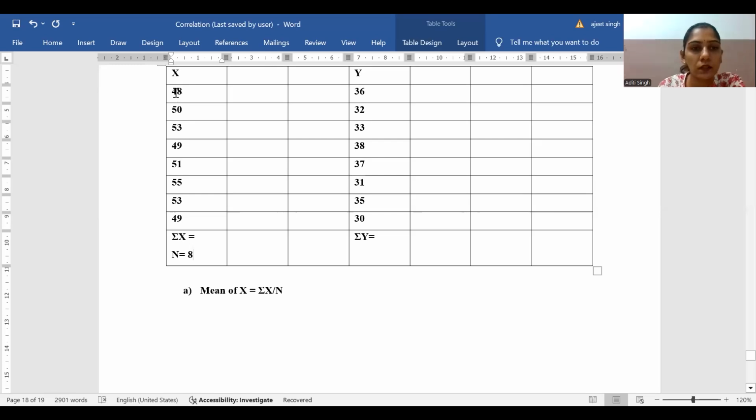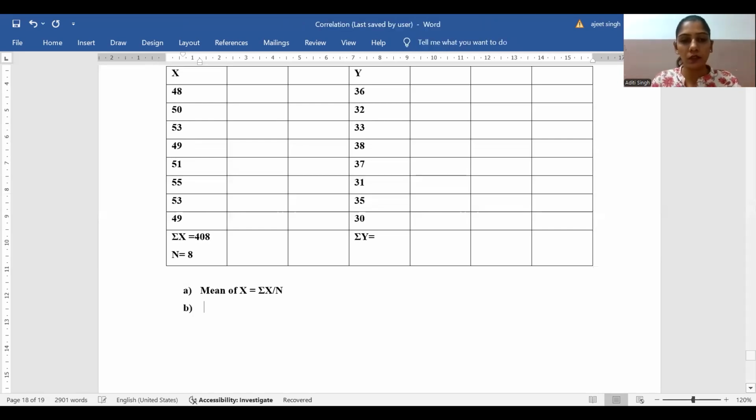Adding up the x values, the sum is 408. So we can easily find the mean from this given information.